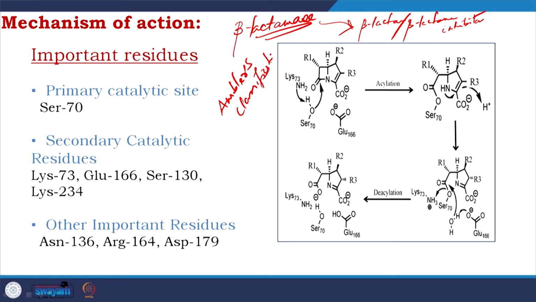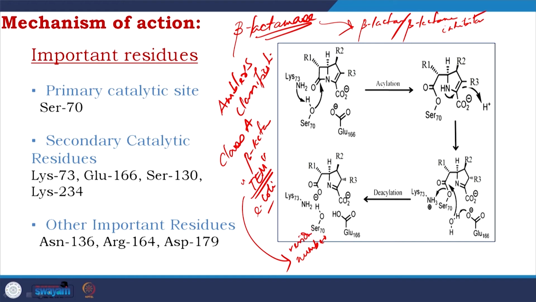When you are talking about class A beta lactamase, you take the enzyme TEM from E. coli, record its residue numbers, and talking about others, you will refer to this number.